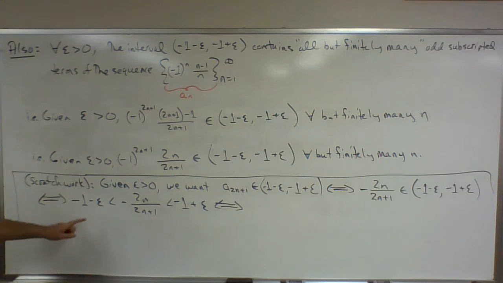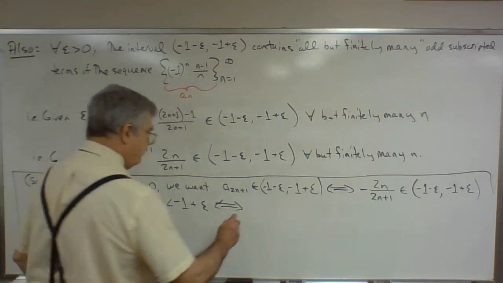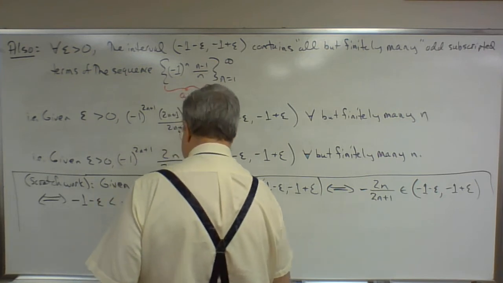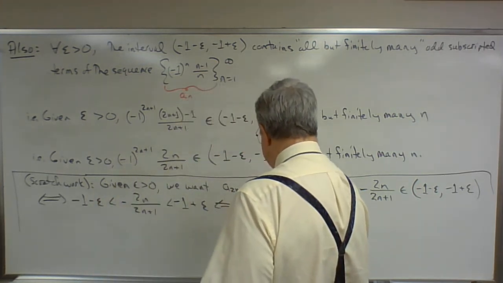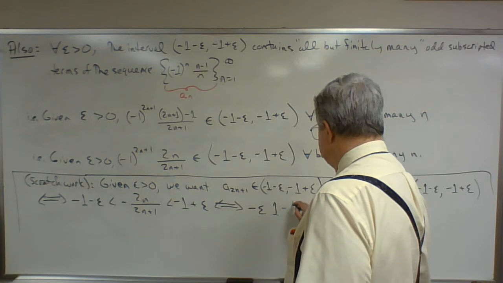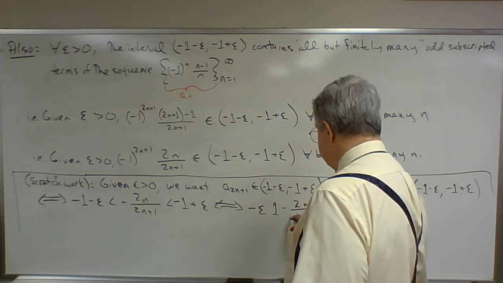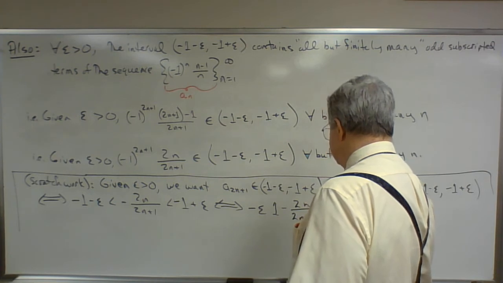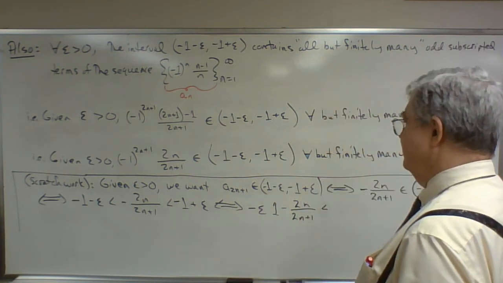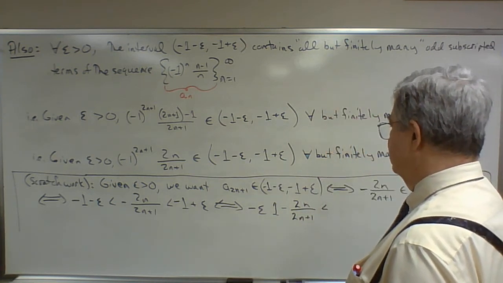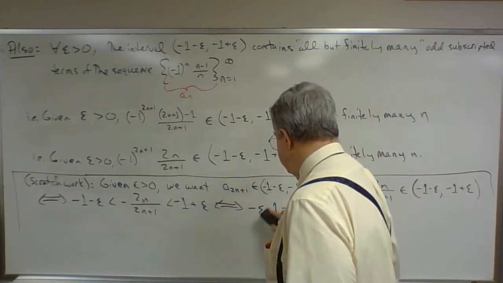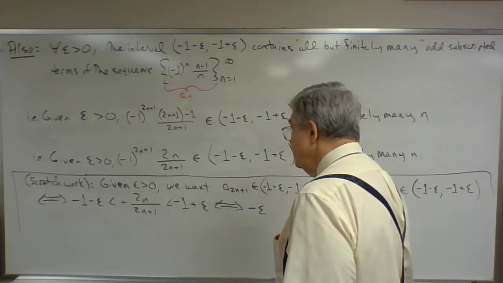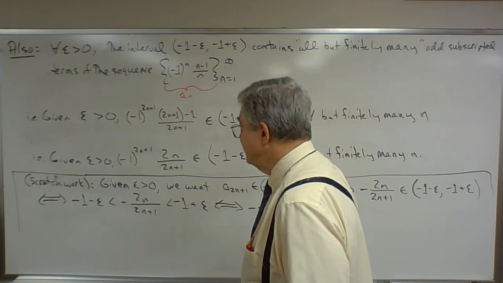Now, I guess what I want to do is just add 1 to all three sides. So that'll give you 1 minus 2n over 2n plus 1. And that's going to be, yes, add 1 to all three sides.